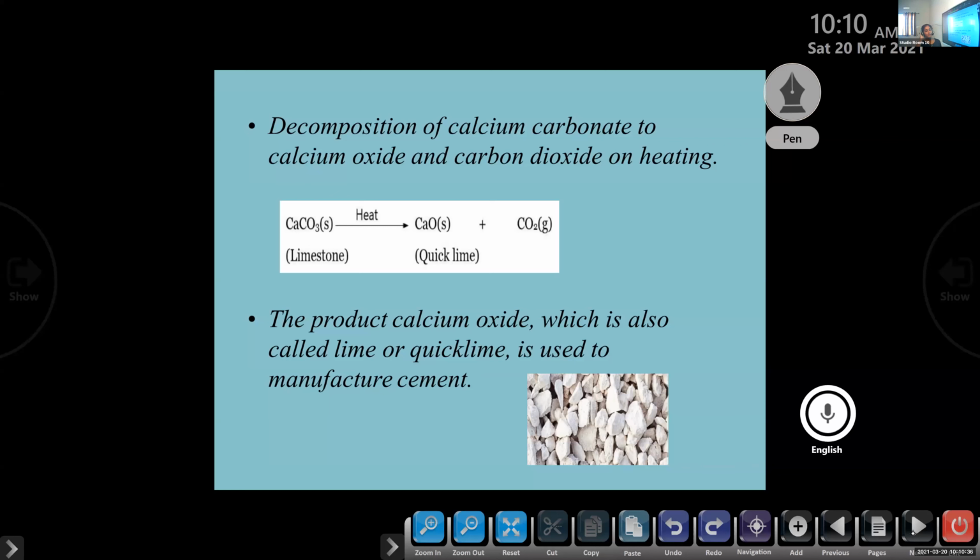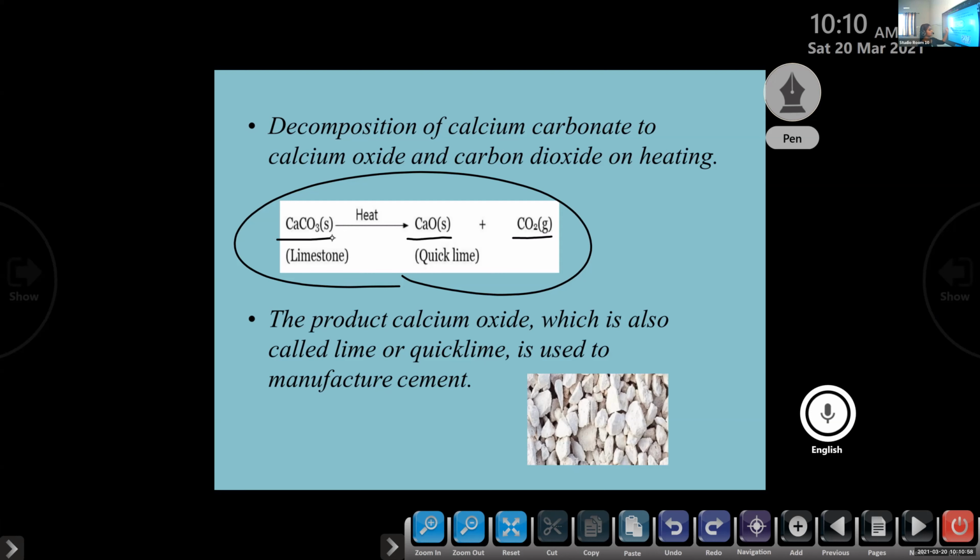The next one that's familiar for you is the decomposition of calcium carbonate. We just learned this equation in combination reaction, right? In the case of whitewashing walls, I told you calcium oxide reacts with carbon dioxide to form CaCO3, that is limestone. It is also known as marble.